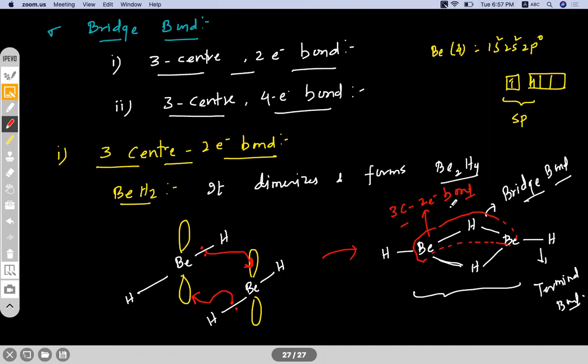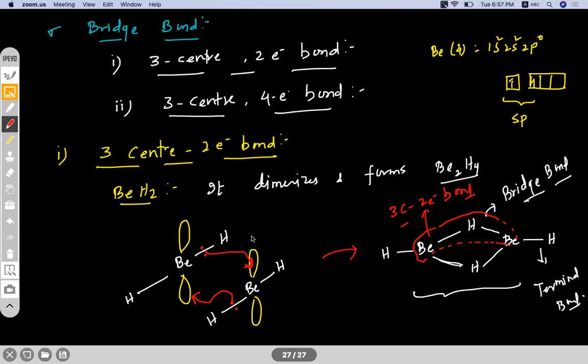Three-center because we have 3 nuclei, right?